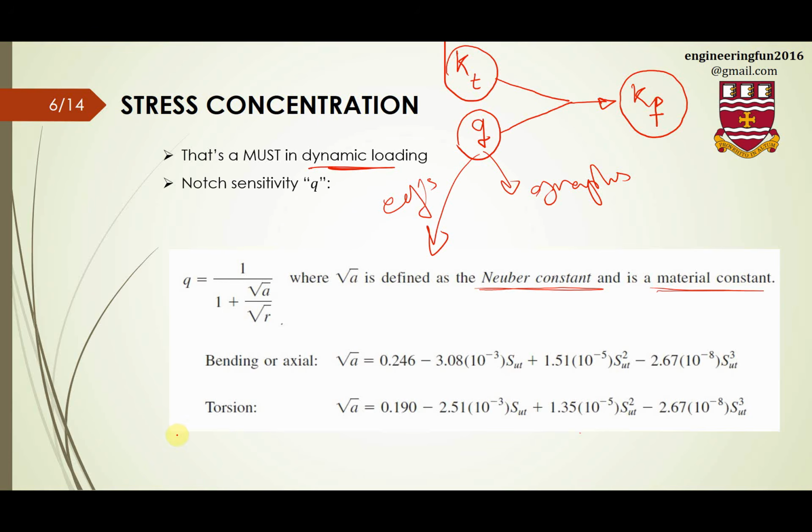So the square root of a is a function of SUT. If I were you, I would always use the graphs because that's easier and saves lots of time. You just read a number, but that's up to you.